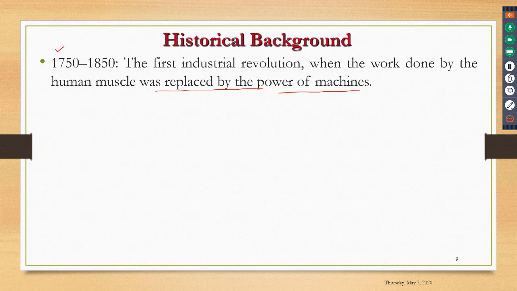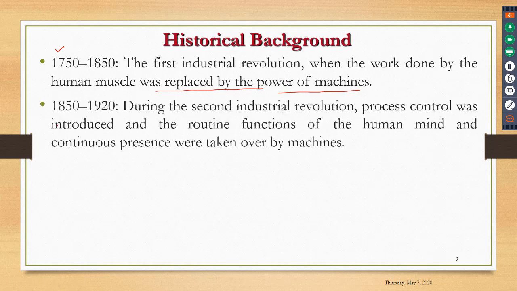Then 1850 to 1920, during the second industrial revolution, electricity plays a very important role, where process control was introduced and the routine functions of the human mind and the continuous presence were taken over by the machines. So here electricity plays a very important role along with process control.